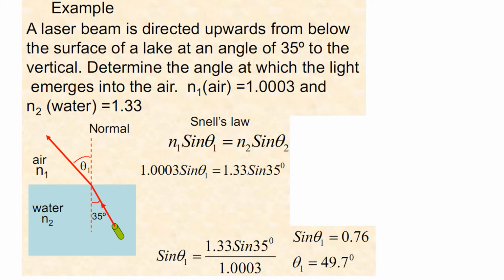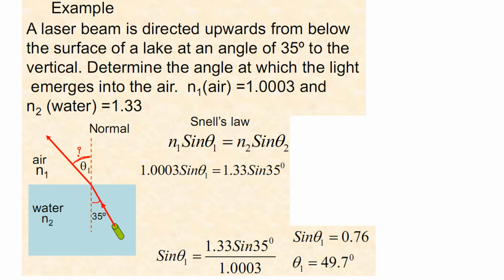We know that n1 sin theta 1 equals n2 sin theta 2. We are given the angle of incidence to be 35 degrees, and we are asked to determine the angle at which the light emerges in air. This is the angle of refraction. We are asked to determine this angle of refraction.